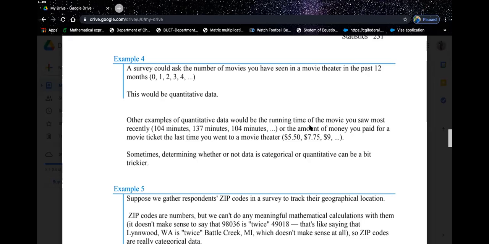Those who have seen 4 movies, Keaton will say, "I have seen 3 times more than you because I've seen a dozen movies." Right? So you can see we can have a relation between these. We can have meaningful arithmetic calculation. Can you see that? So that means this is definitely quantitative data, right?